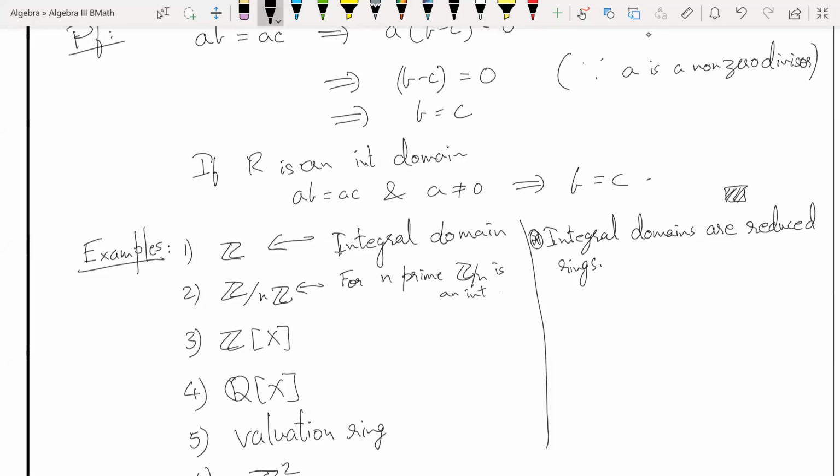Sir, if n equals 1, what can we say? Then it's the trivial ring, the zero ring.